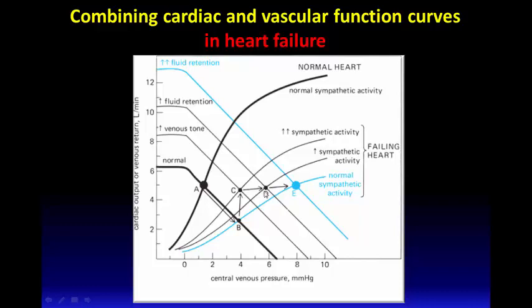So the equilibrium point shifts from C to D, and at this new equilibrium point, the cardiac output and the venous return haven't shown increases. They would remain the same, but the right atrial pressure has increased.